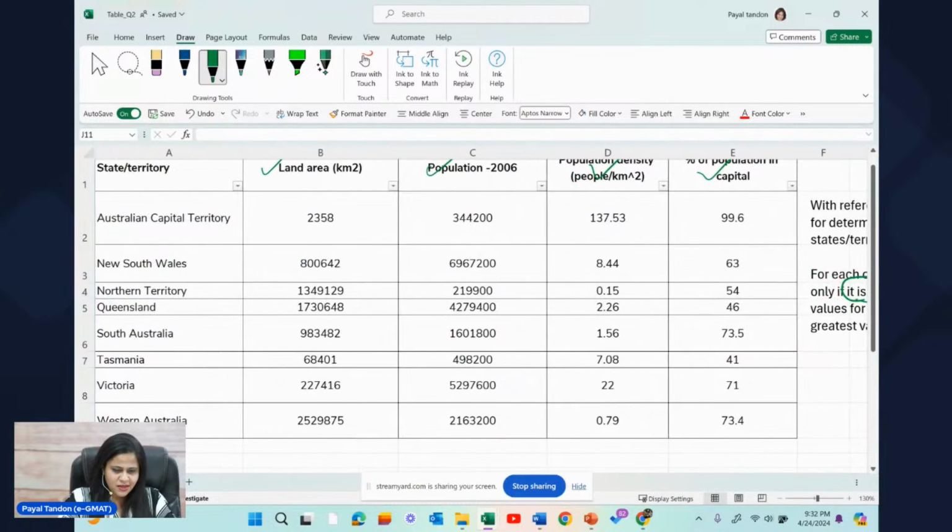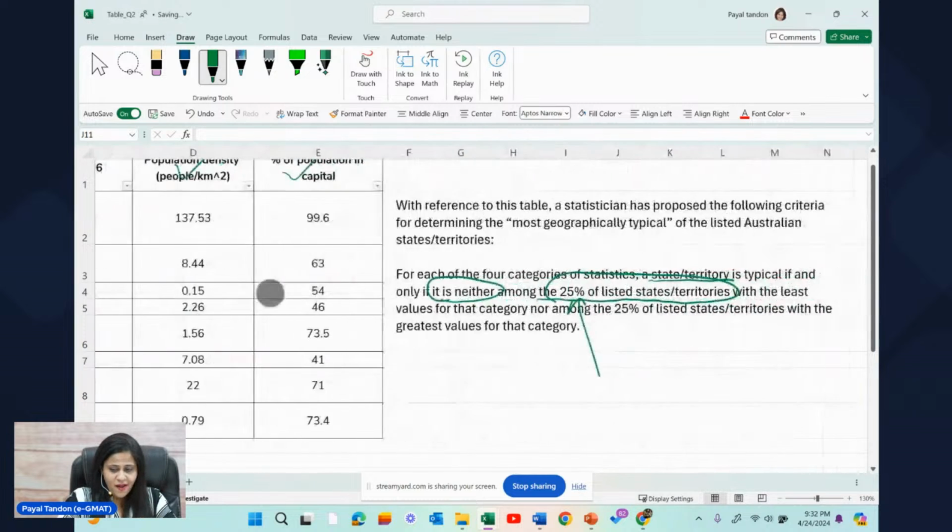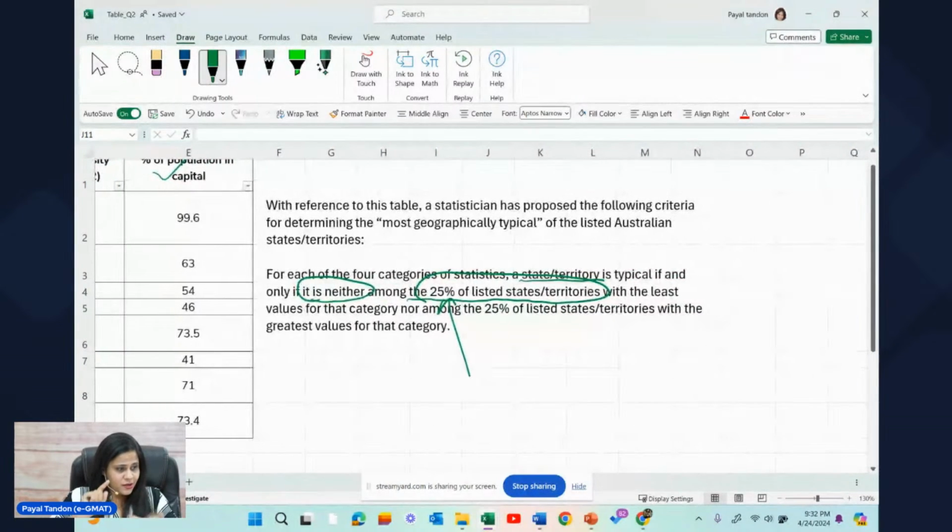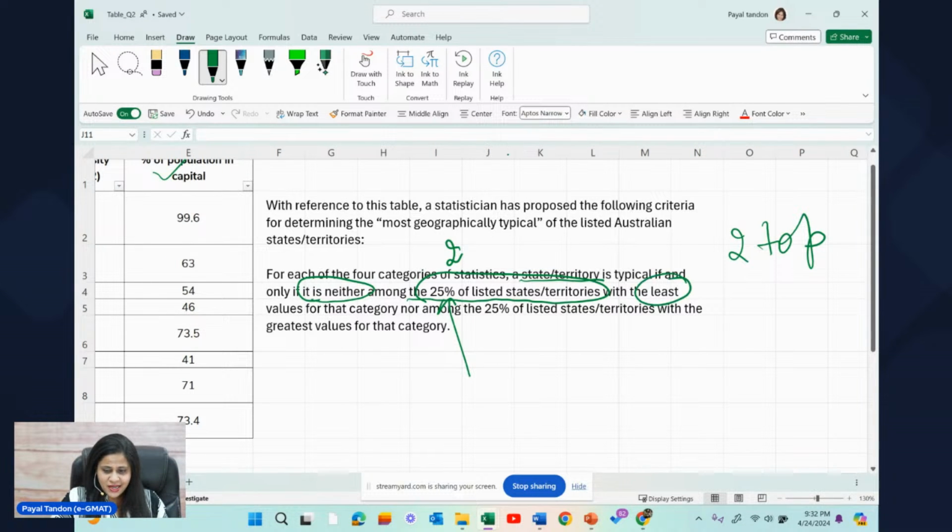So what you see is 1, 2, 3, 4, 5, 6, 7, 8. There are a total of 8 states here. So as you are reading, you are contextualizing that, right? So there are a total of 8 states, which means 25% of 8 means 2 over here. So they are neither among the 2 with the least values, nor among the 25%, again 2, of the listed territories with the greatest value.